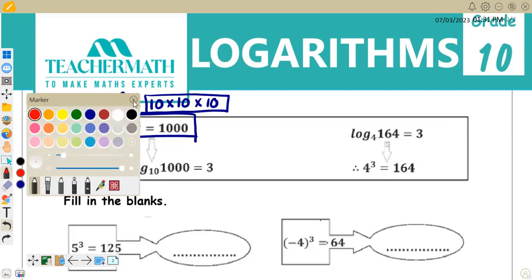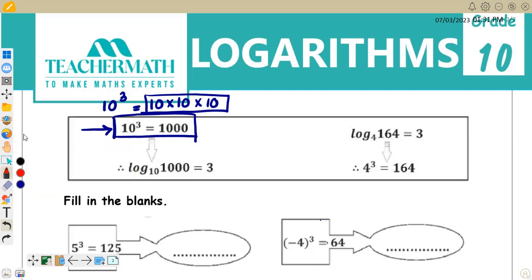Now here it is 1000. Then we can say this is the index form of 1000. Then how do we convert this into log form? This is called the log form. Log form is another representation of a number in index form. We have to write a word called log, and we write the base.